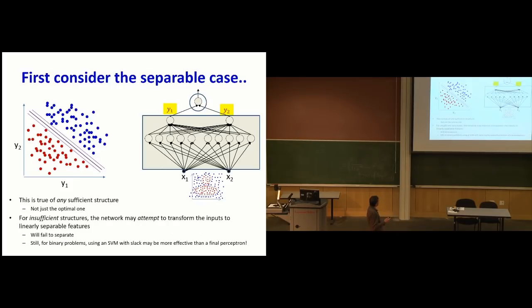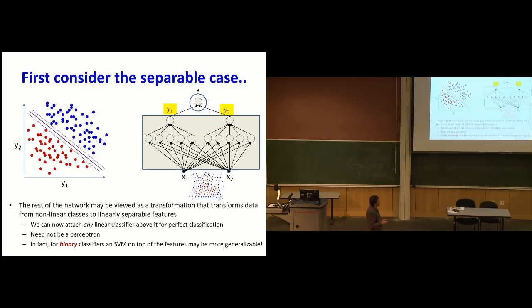Now, what happens if my network is not just a sufficient network? So for this data to be separable, I need this network, right? If I got rid of one or more of the connections, there's no way that this network can actually classify this input anymore.